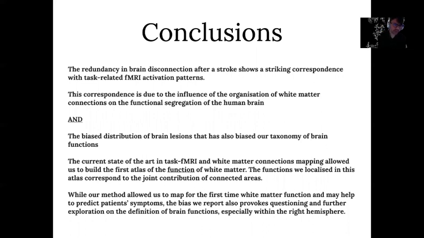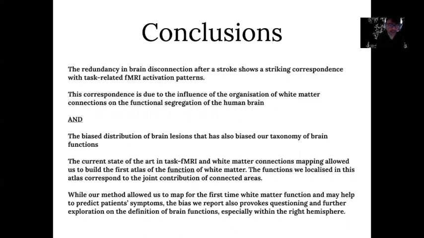This correspondence is due to the influence of the organization of white matter connections on the functional segregation of the human brain. And it is also due to the biased distribution of brain lesions that has also biased our taxonomy of brain functions.